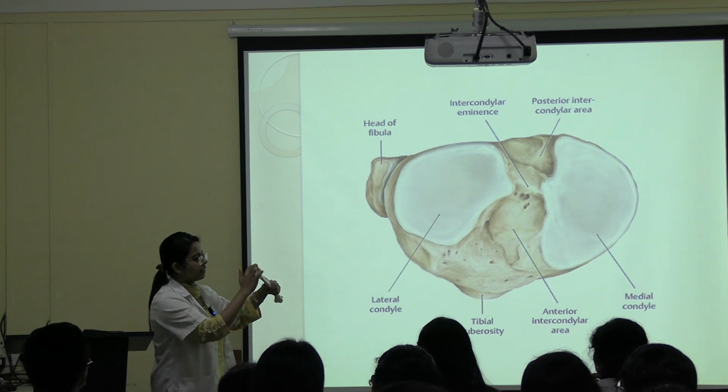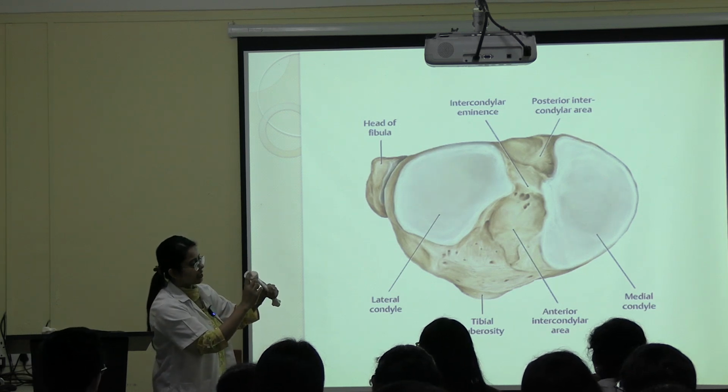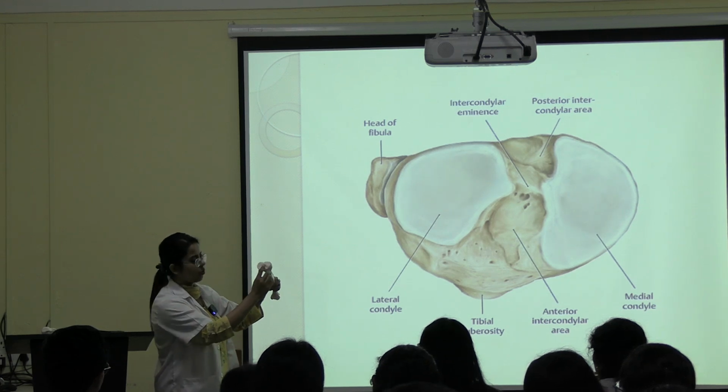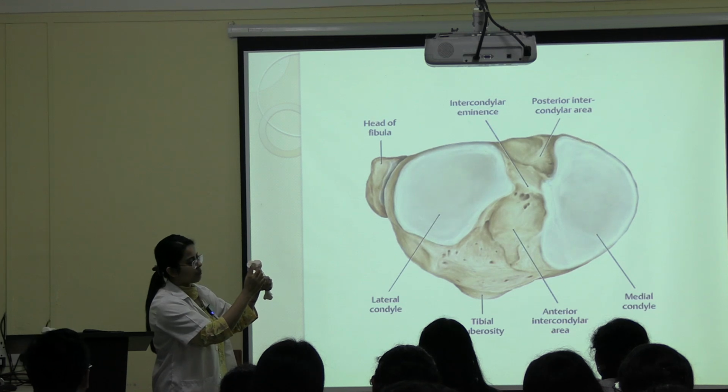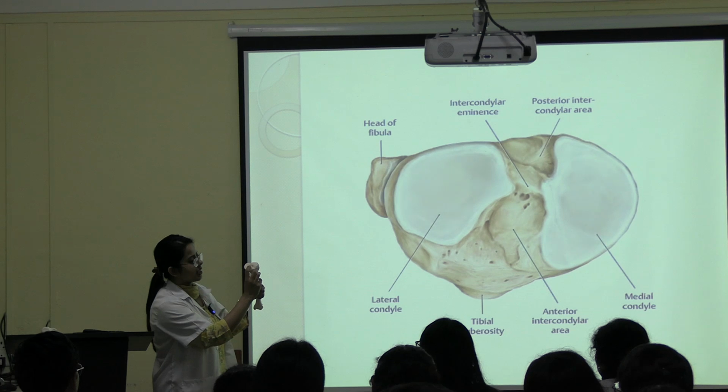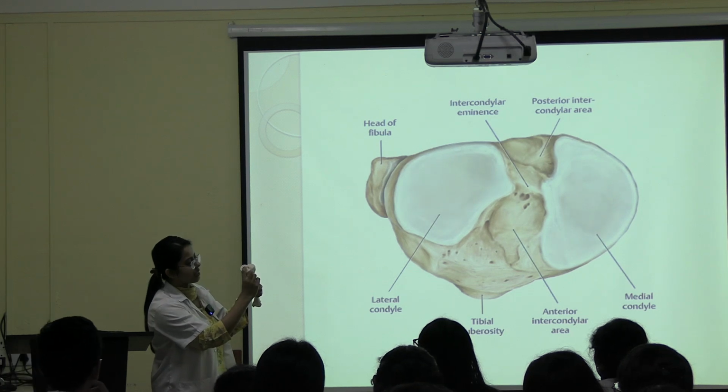Clear? In this intercondylar area, as you can see, this part is elevated. This is known as intercondylar eminence. You see here in the bone, this is the entire intercondylar area, and this elevated part is the intercondylar eminence. And you can see these two projections in this intercondylar eminence, medially and laterally.